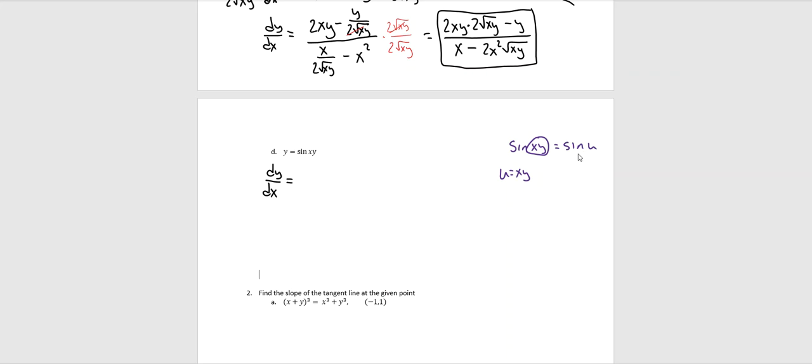And we know that the derivative of the sine of u is cosine of u du. So here's our u, and the derivative of u is first times the derivative of the second plus second times the derivative of the first. So if we have the sine of xy and we want the derivative, this will be cosine of u du.